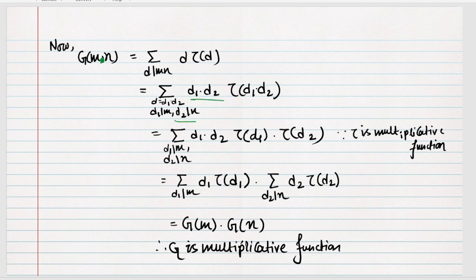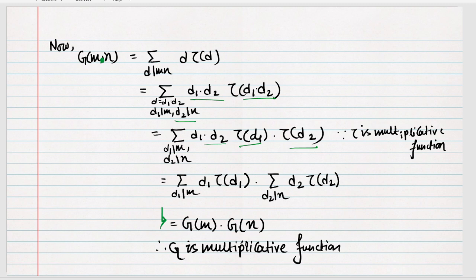So tau of d1 d2 equals tau of d1 times tau of d2, because tau is a multiplicative function, and the proof of this is mentioned earlier in two separate ways. Grouping d1 with tau of d1 and d2 with tau of d2, we get g of m and g of n. Therefore g is a multiplicative function.